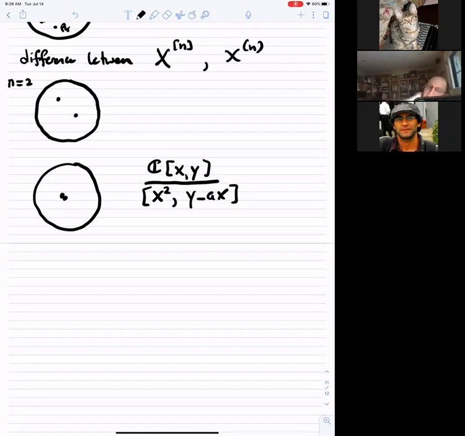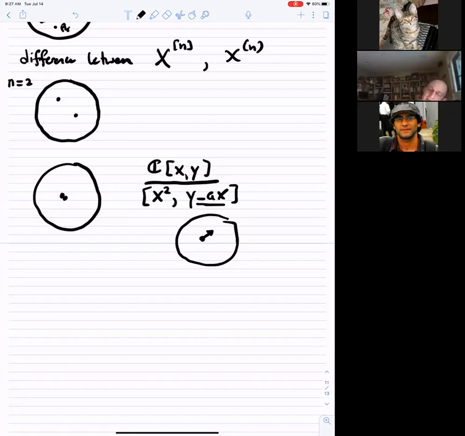You don't get just one double point at the origin. The way you usually draw this thing is that there's more data. You're at the origin, but there's sort of a line, a tangent direction with slope equal to a here. Maybe I should say y minus mx. So you see that actually there isn't just one double point.